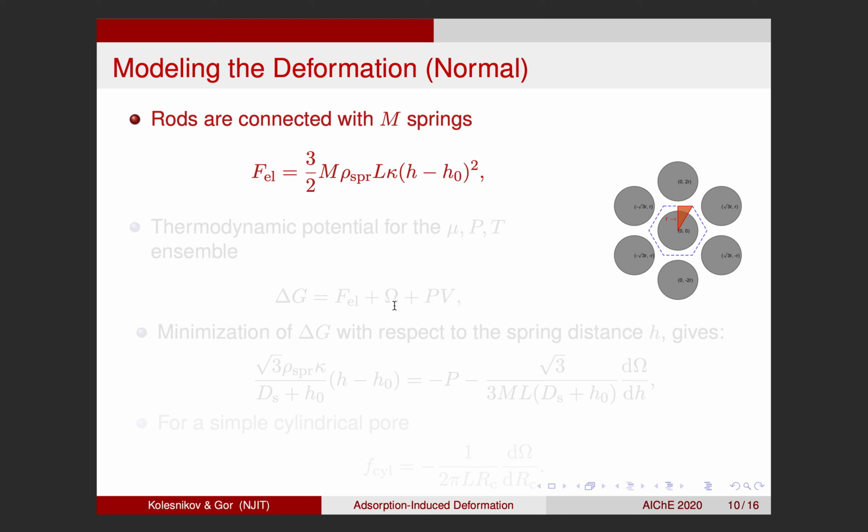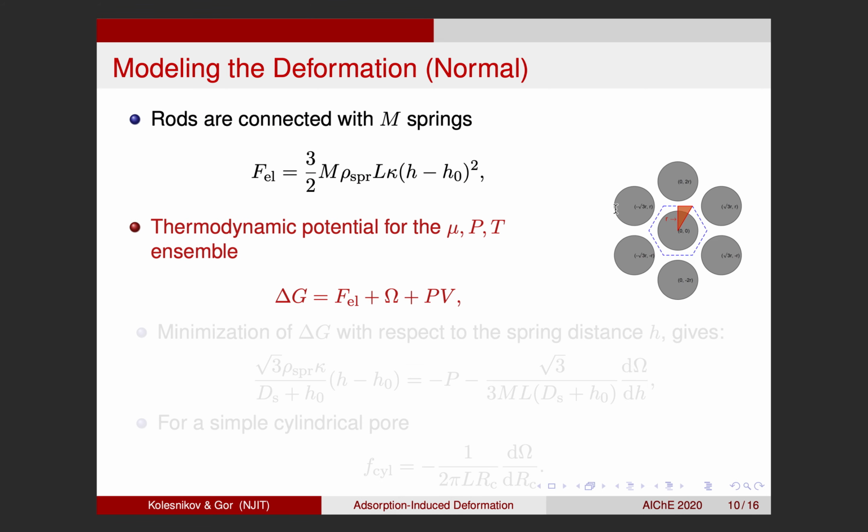What about the deformation? Typically, deformation is described within the simple concept of solvation pressure and Hooke's law. In addition to that, we follow this approach here, except that we take into account this geometry. So we assume that our rods are connected with some springs, and the deformation takes place only in the normal direction, in the direction in the plane of this picture here.